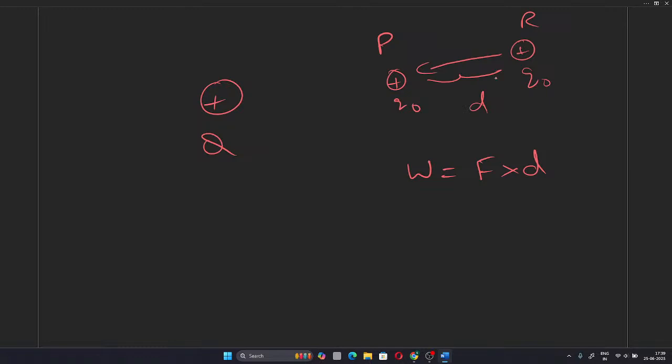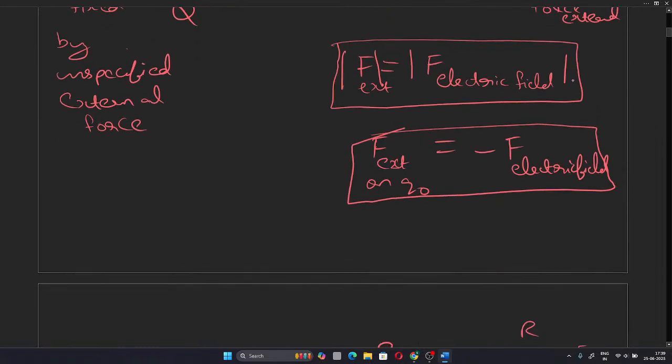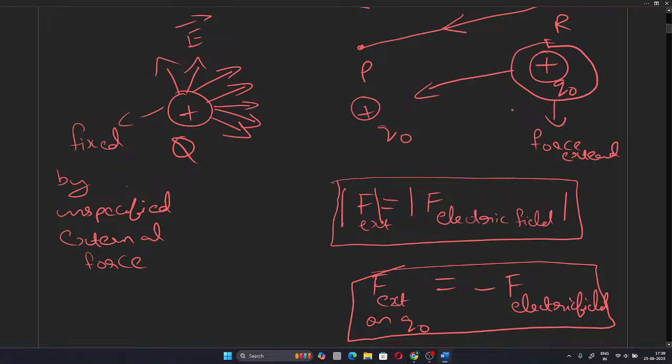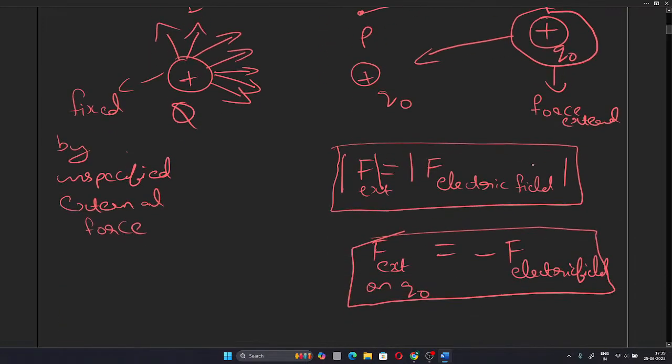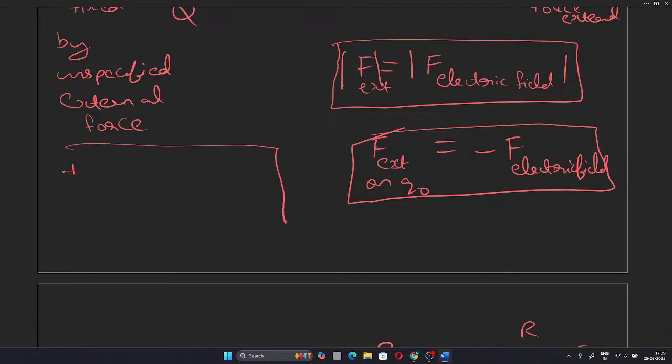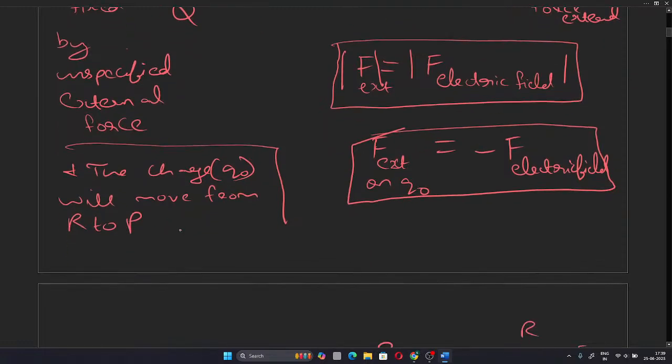As such, when we are applying some force F external, and one more point I forgot to mention is when force external is equal to force due to electric field, then the net force acting on this will be 0, and as such the particle or the charge, test charge Q naught, will move from R to P with very small and constant speed.